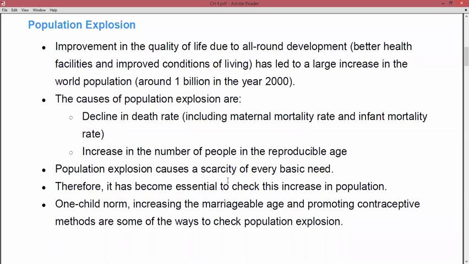As well as increasing the marriageable age, that is, teens or younger children should not be promoted to do marriage, right? For this reason, contraceptive methods are also being introduced in order to control the population. So these are several ways through which you can check whether the population is increasing or not.